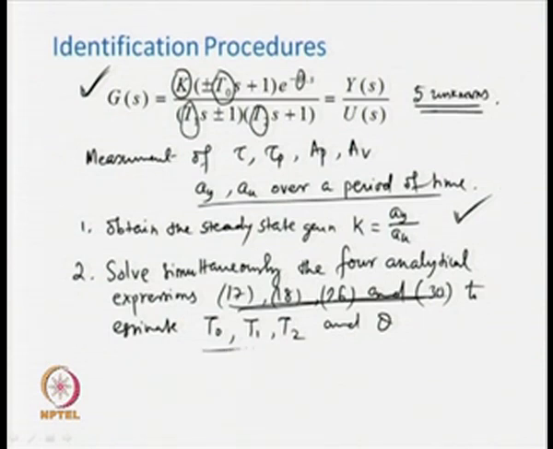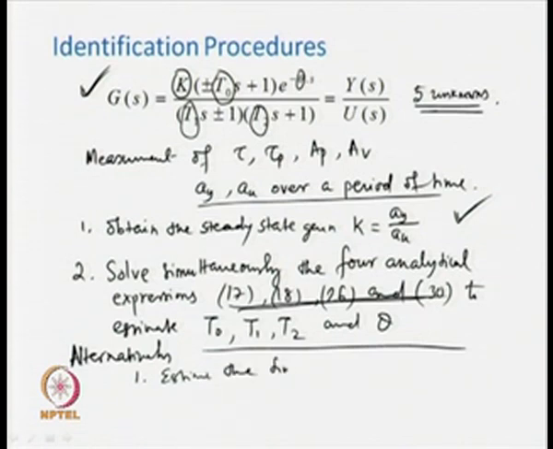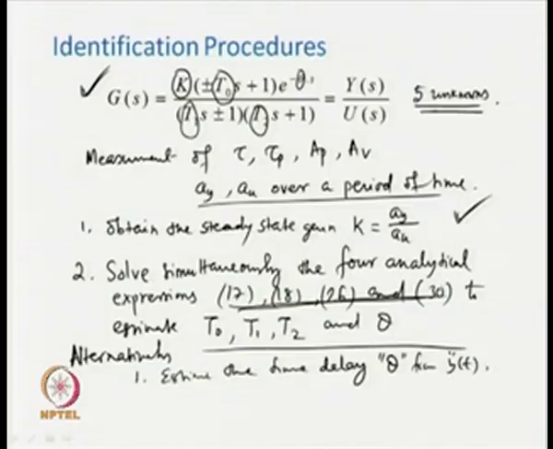Now, secondly or alternatively, what one can do, you can estimate the time delay theta from the second derivative of the output signal, or looking at the second derivative of the output signal, estimate theta. Then we are left with 4 unknowns, and those are k, T0, T1, T2.